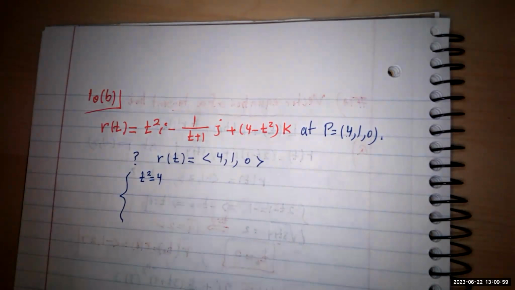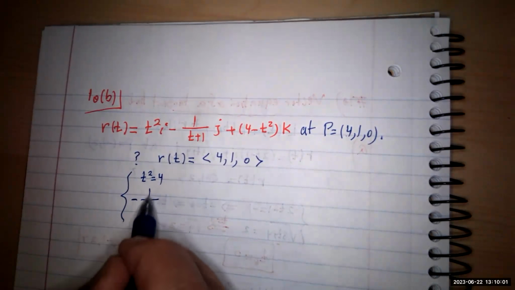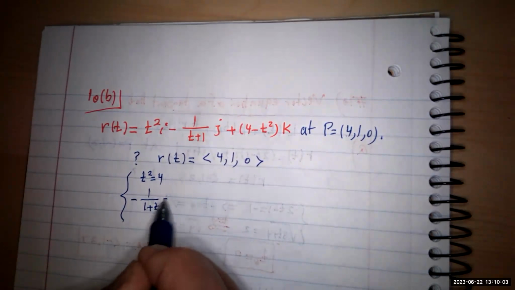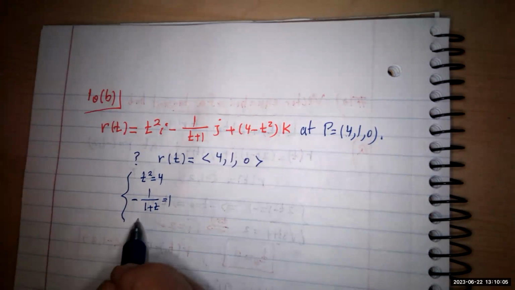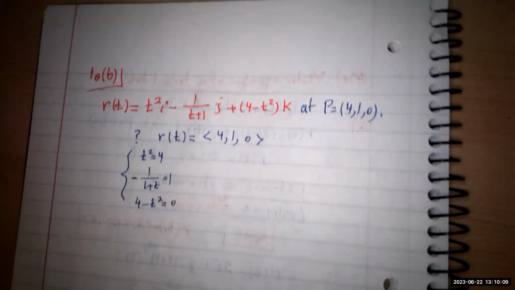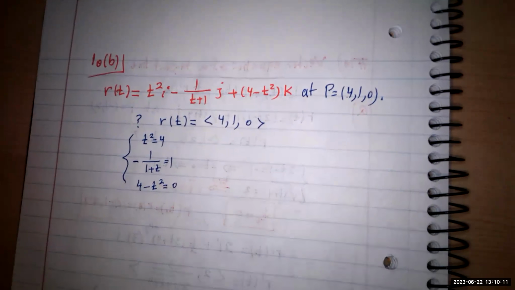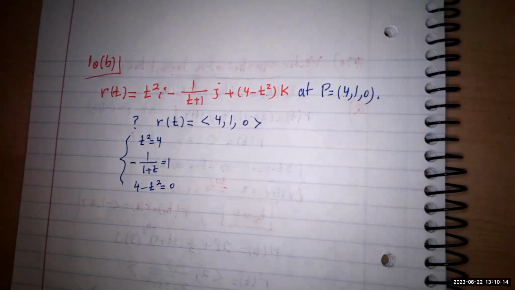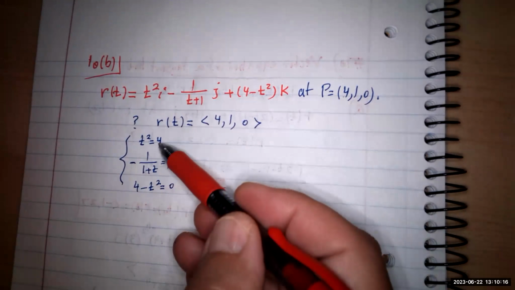In the second one, -1 over (1 + t) must be equal to 1. And in the last one, 4 minus t squared must be equal to 0. So you solve one of them and you check it in the others.